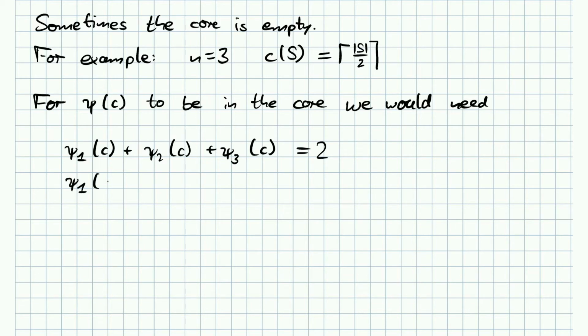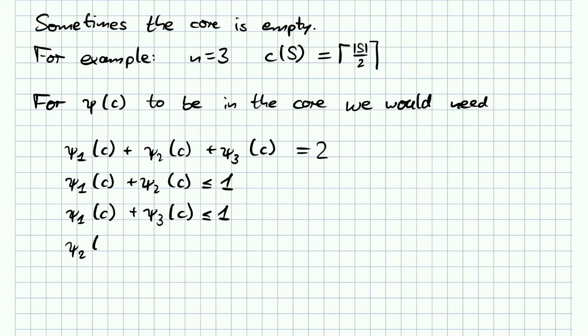The cost of the first and the second agent together, well, they shouldn't want to buy just a ticket only for themselves, so this shouldn't be more than 1. And that holds for any pair of agents, so also for the first and the third agent, and also for the second and the third agent.